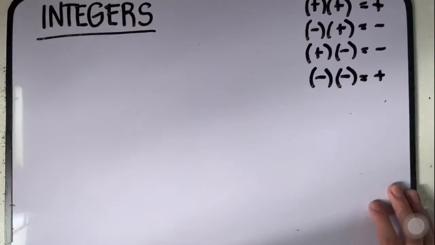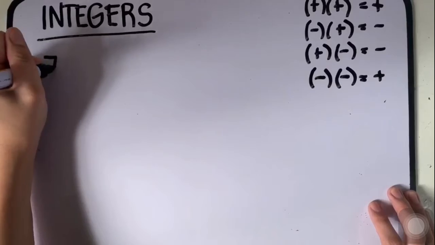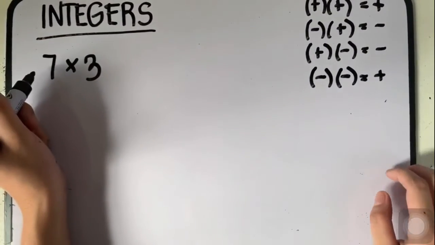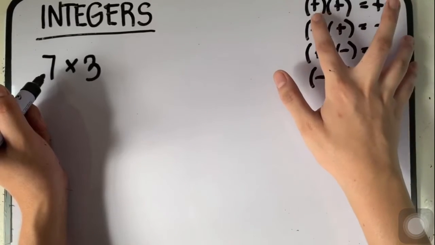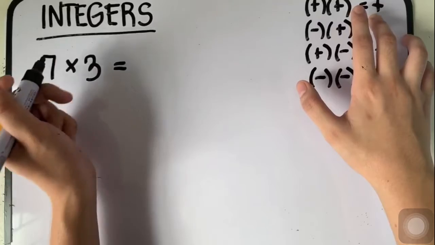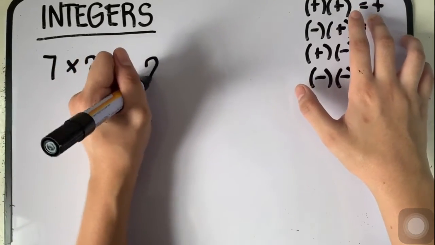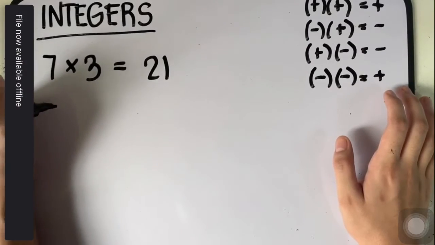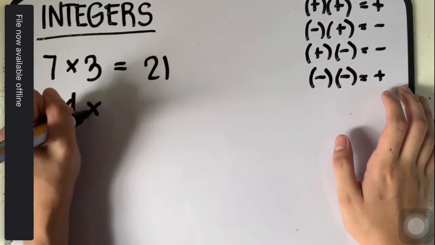For example, 7 times 3. Both are positive numbers, and positive times positive will result in a positive value. So 7 times 3 will be positive 21. Another example is negative 4 times positive 6.